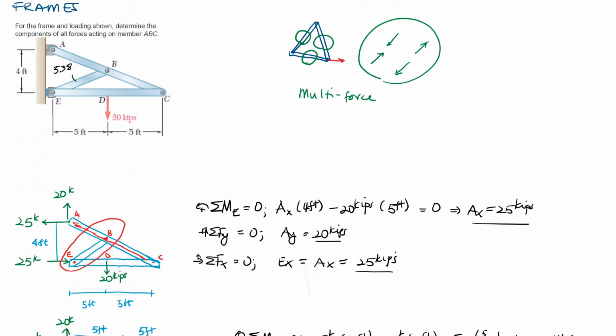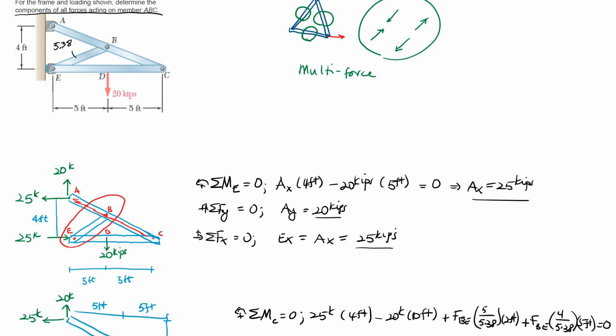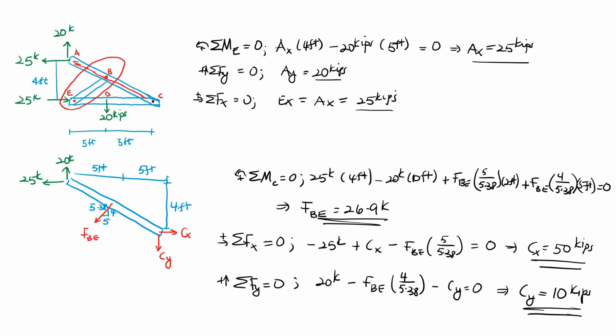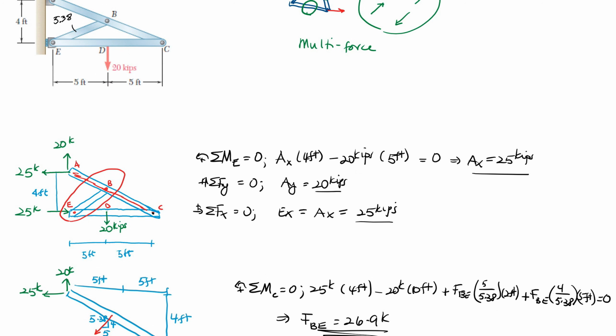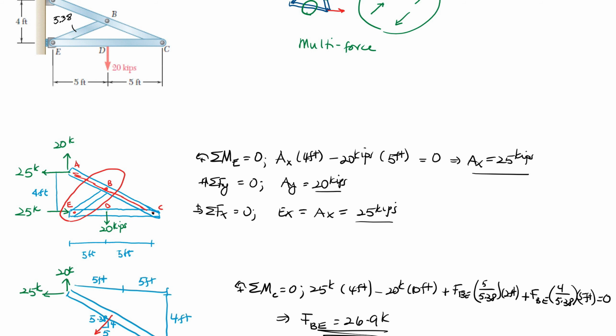So if we come back here, the question is asking us to determine the components of all forces acting on the member ABC. So if you go back to the main drawing, and I like to draw this out in yellow, just to show all the potential forces.